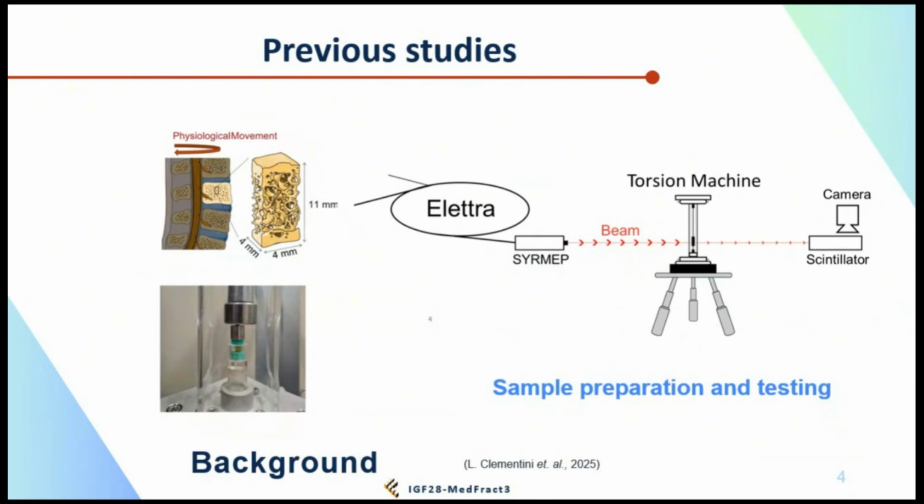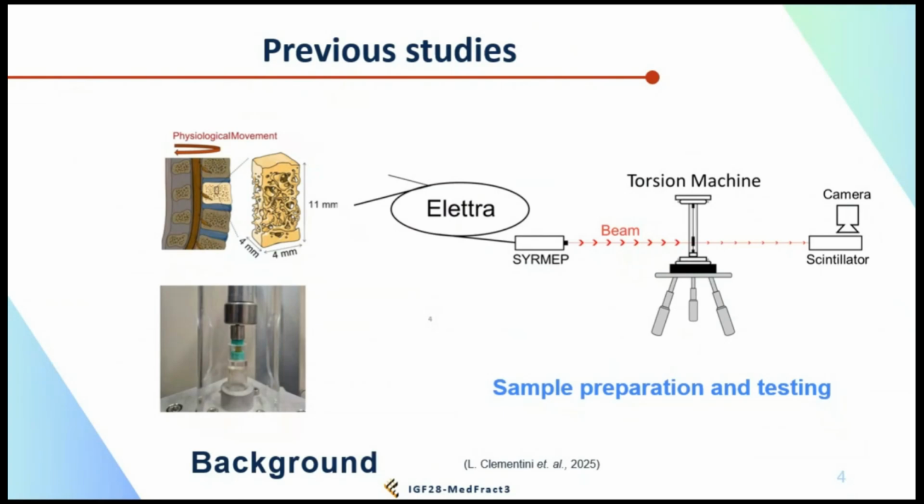So all the specimens of lumbar discs used in this study were obtained from patients with lytic metastasis disease under an ethically approved donation program. All the samples were cut into cuboids and then glued into 3D printed end cups and then loaded to this system and underwent torsional loading.